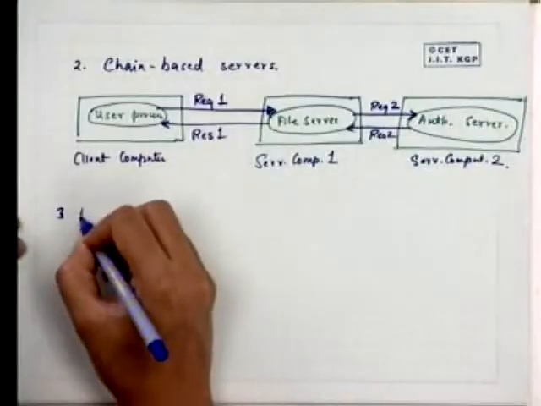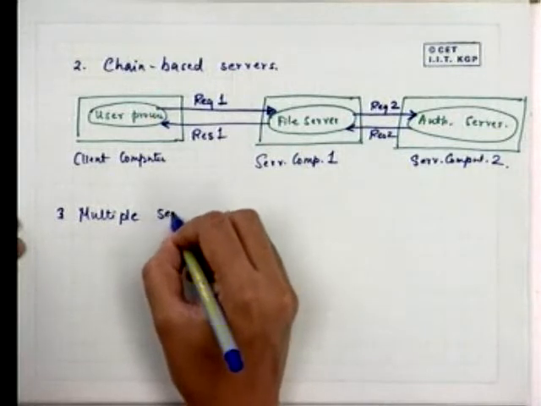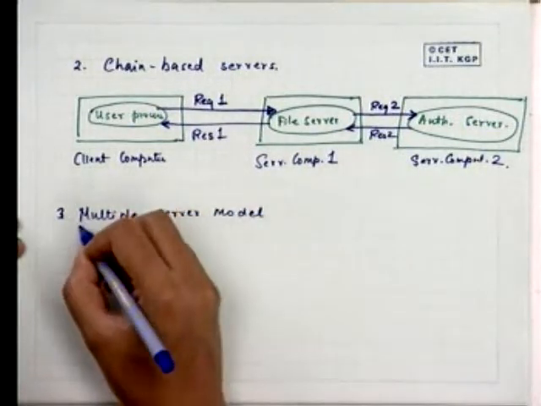Thirdly, we have a multiple server model. In the multiple server model, we have a number of servers, and we can have parallel execution of programs on a cluster of servers.